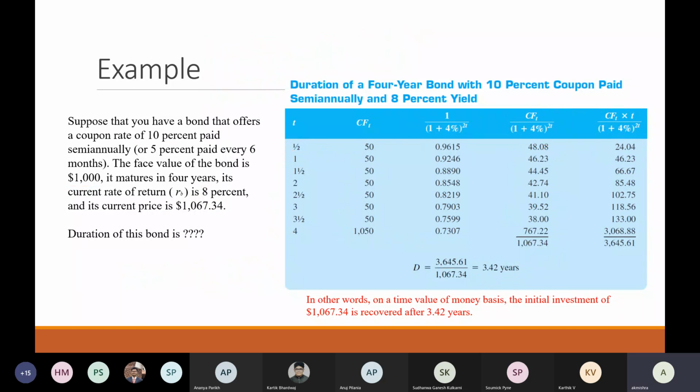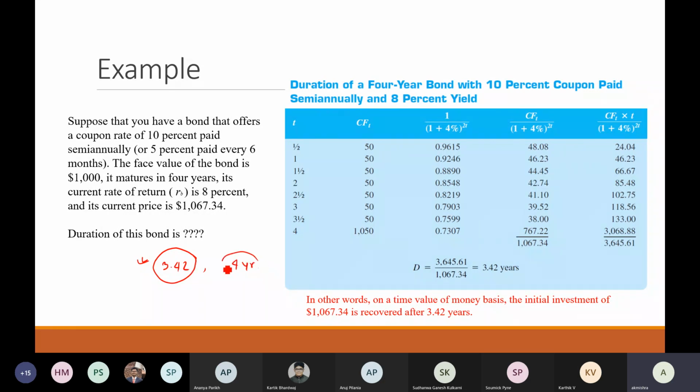And if you compare this duration with maturity, your duration is coming 3.42, whereas the bond maturity is 4 years. So what it is saying is that, using the time value of money concept, you are able to recover your initial investment in 3.42 years.